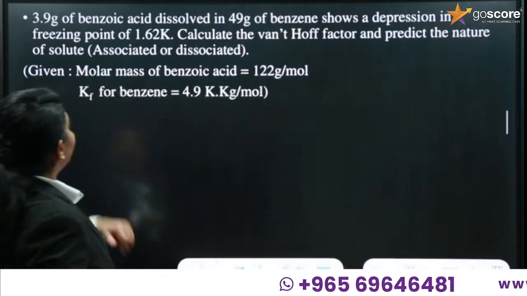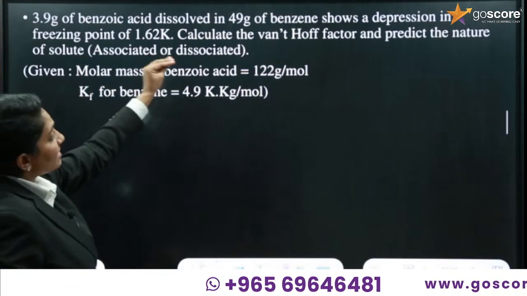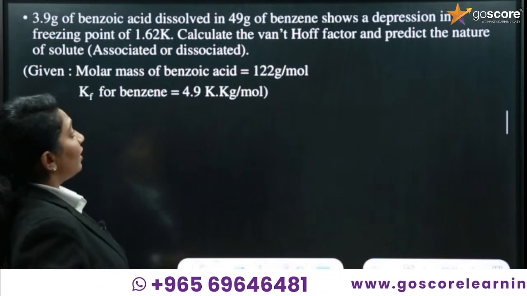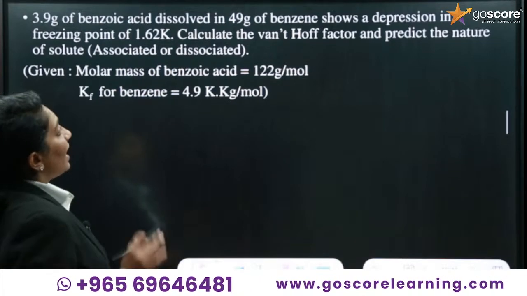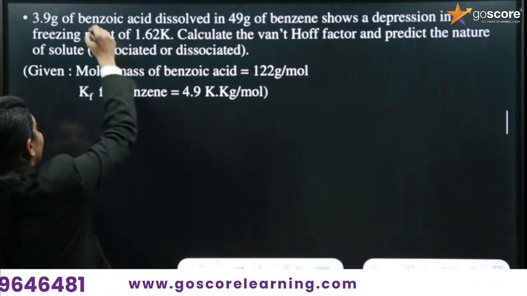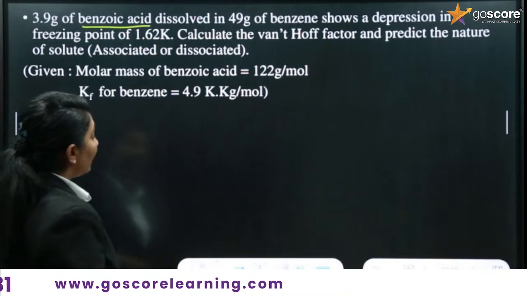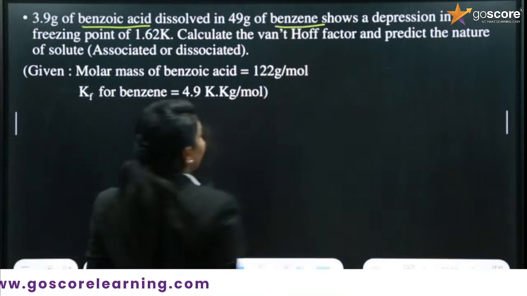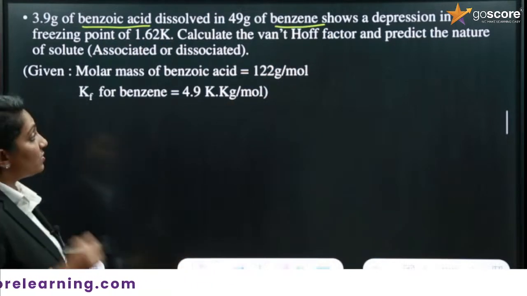See here, 3.9 gram of benzoic acid dissolved in 49 gram of benzene shows a depression in freezing point of 1.62 Kelvin. Here we are adding the benzoic acid, which is an electrolyte, and when you are adding it in benzene, definitely association or dissociation will occur.